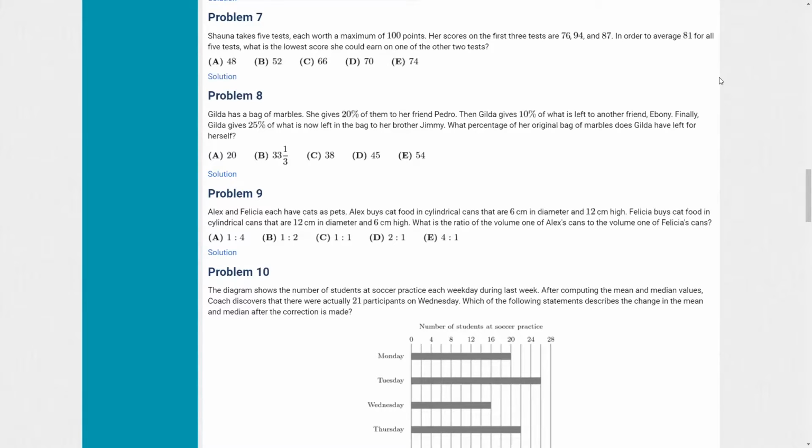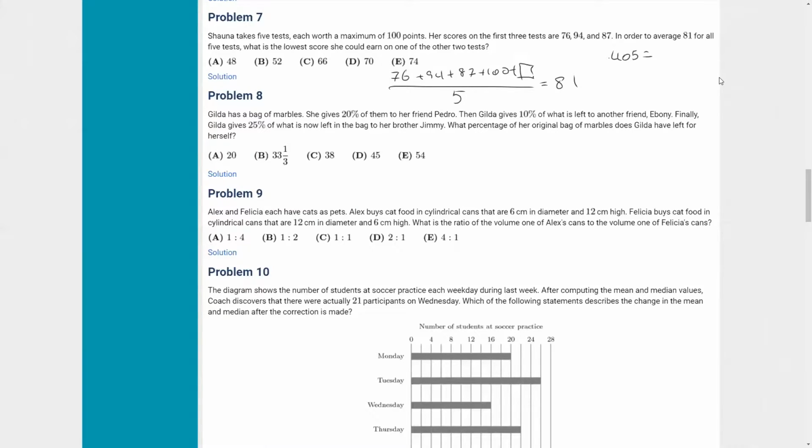So the highest possible is 100. So now we know 4 out of the 5 test scores. So let's write those down. 76, 94, 87, and 100. Now we need to find this last number and divide it by 5 tests, because remember, we want to find the average of the 5 tests, and the average is 81.